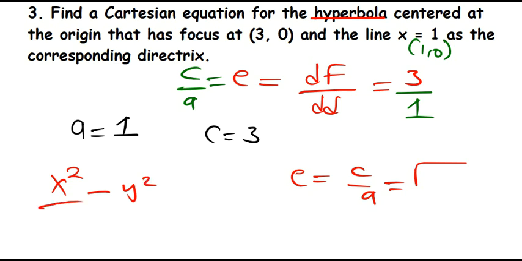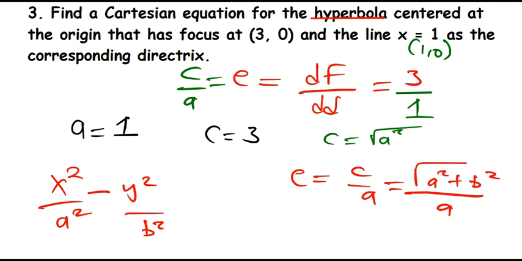Therefore we're going to have an addition there. c is equal to the root of a squared plus b squared.